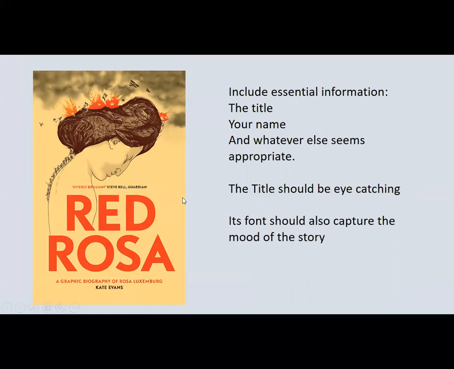So when you're writing the stuff on your cover, in addition to the title and your name, you might also have a testimonial. You don't want a ton of writing on the cover because you want the cover to be bold and grab your attention quickly. If you have a ton of writing, you're going to sit there and read it. It's not going to grab your attention as quickly.